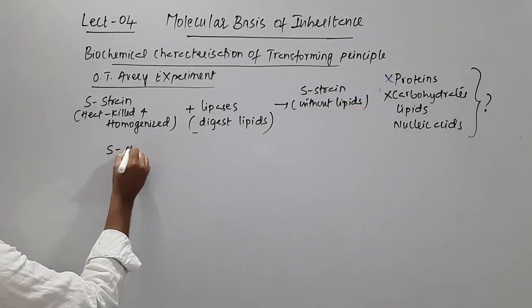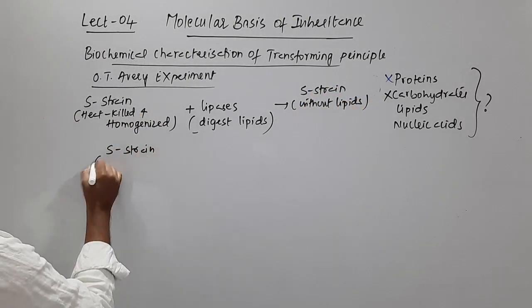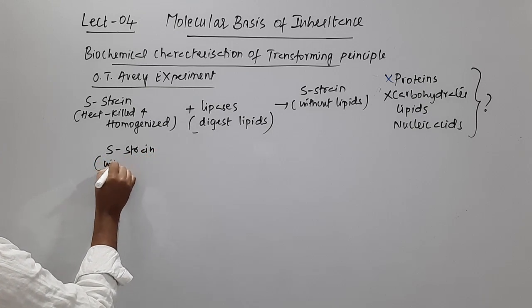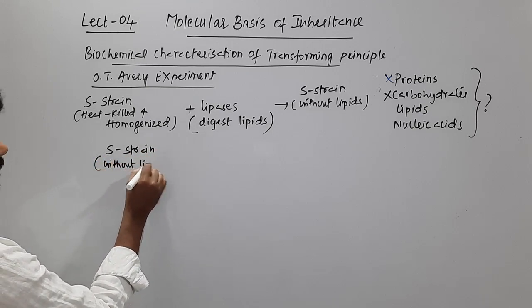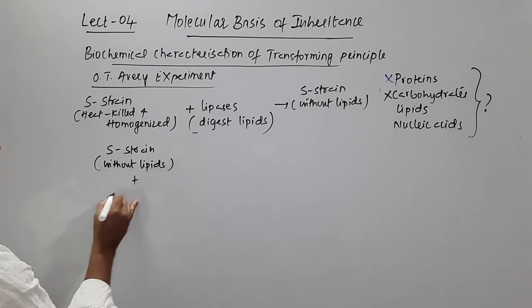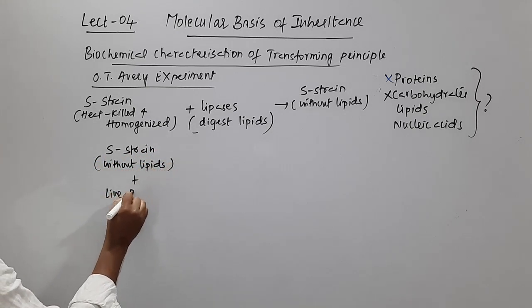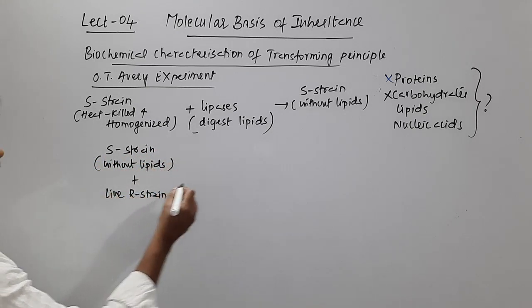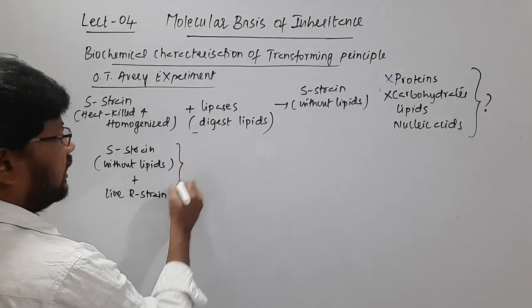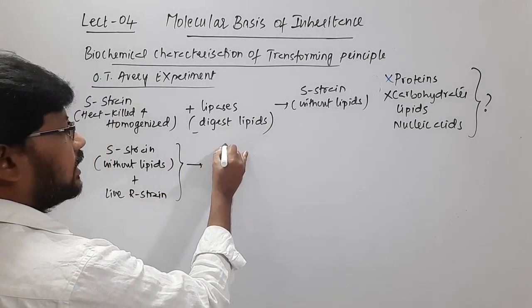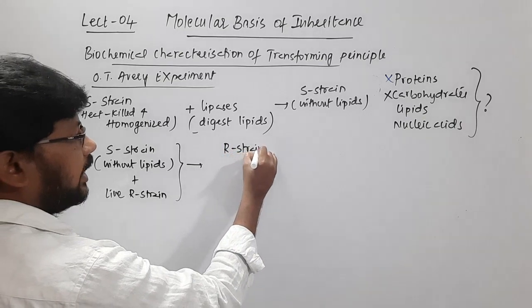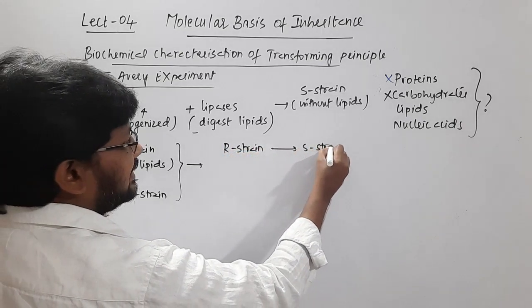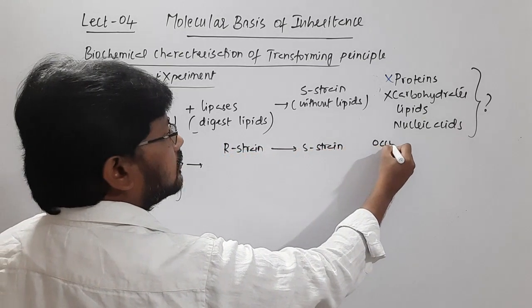Now I'm going to take that S strain that doesn't have lipids and mix it with the live R strain. Again, the conversion of R strain into S strain occurred.